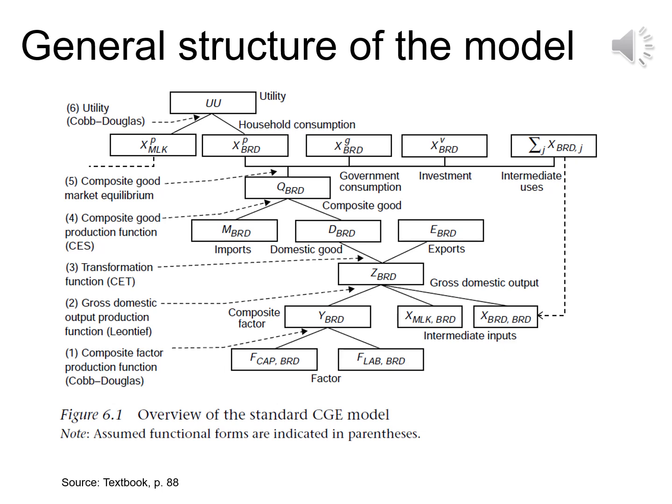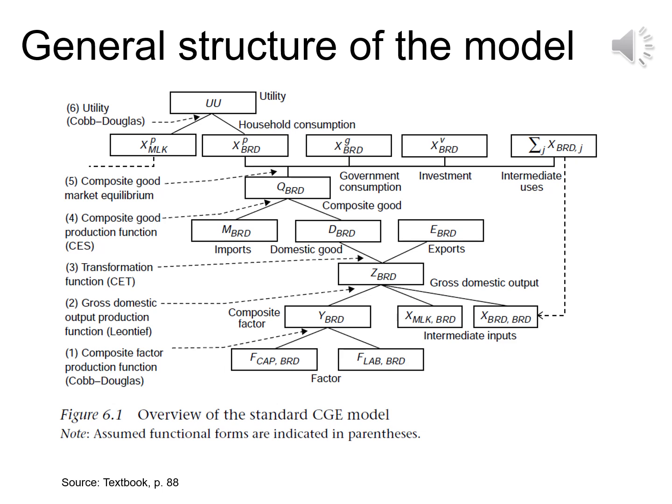So now they are using capital and labor to produce this composite factor, which is the second layer, and they are combining this composite factor with inputs they are buying from other sectors. So we are talking about bread and milk sectors here. So bread is using input from milk sectors, and similarly for the other sector, milk as well.